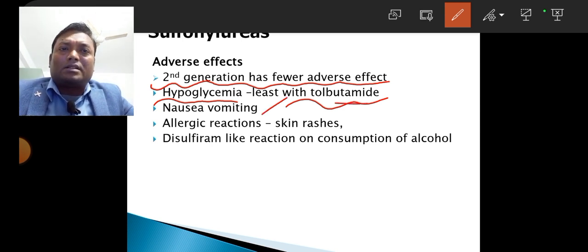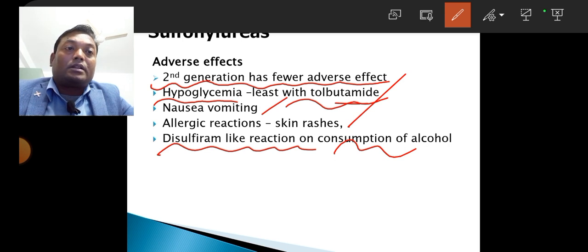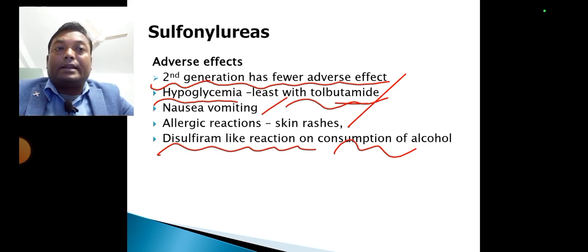Nausea and vomiting are common. Allergic reactions may happen, and a disulfiram-like reaction can happen with consumption of alcohol. So a diabetic patient taking sulfonylurea should avoid alcohol, because sulfonylurea causes disulfiram-like reactions. This is an ADR.